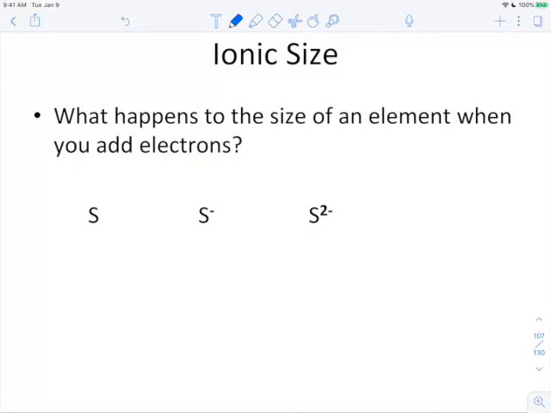All right, so next up we're going to talk about ionic size. So ionic size, these are when you have cations or anions. And the first question says, what happens to the size of an element when you add electrons? So these are all the same element, so they all have the same Z effective. They all have the same effective nuclear charge, which means their parents or their nucleus are all equivalently strong.